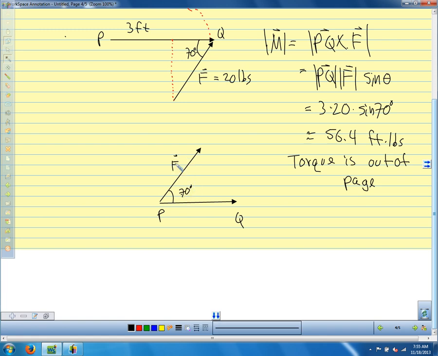So if we cross PQ onto F, then our thumb is going to point out of the page.